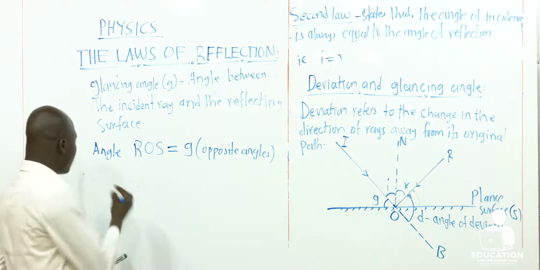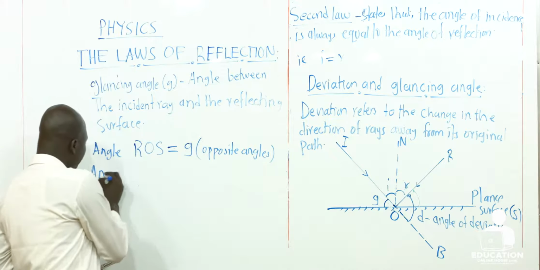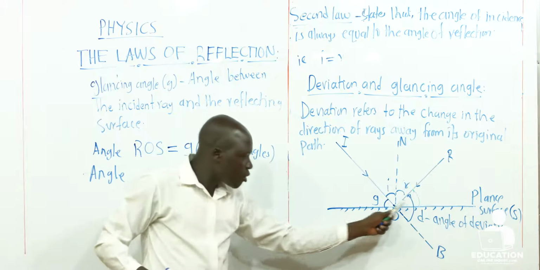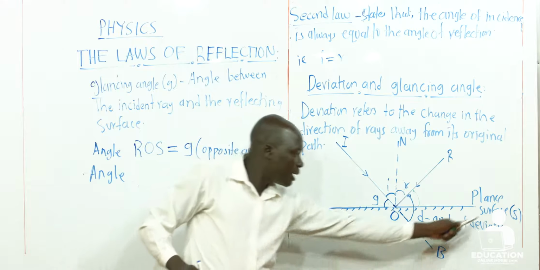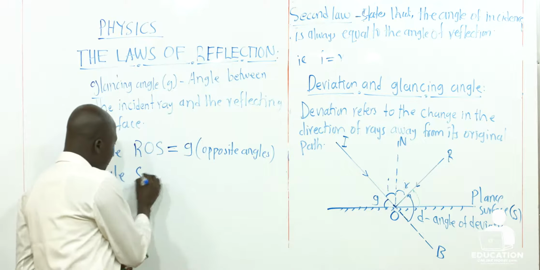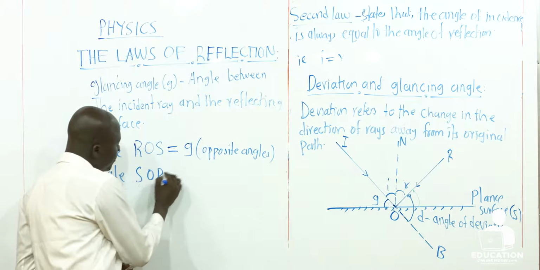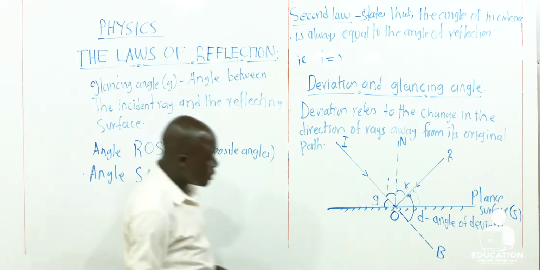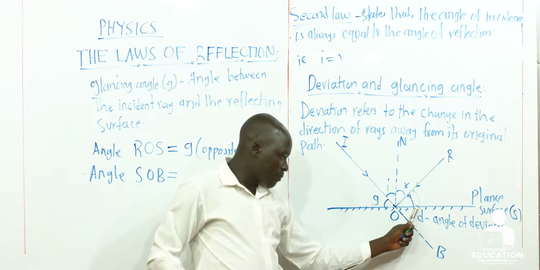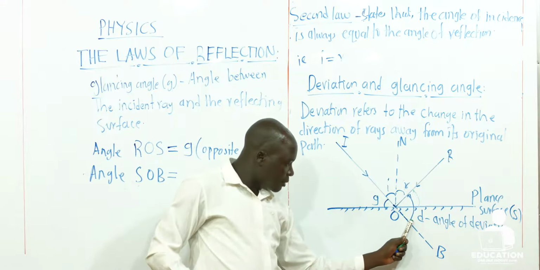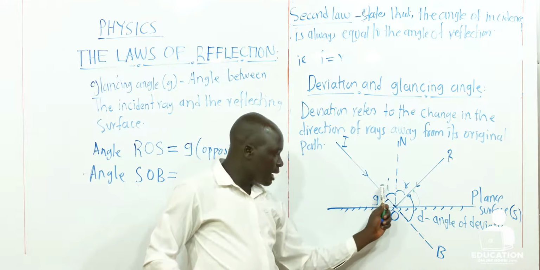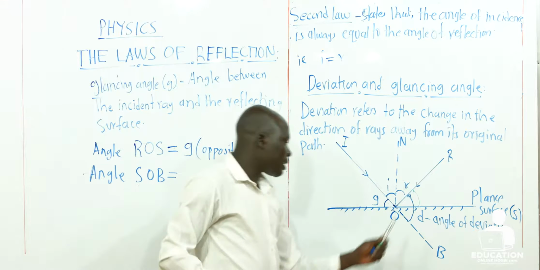Then let us also take this angle SOB. Angle SOB is equal to, so SOB is the same like this angle. And when we look at these two angles, this angle is the same like that angle, because the angle of incidence is always equal to the angle of reflection.